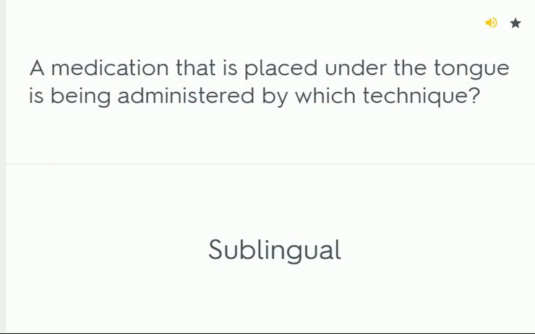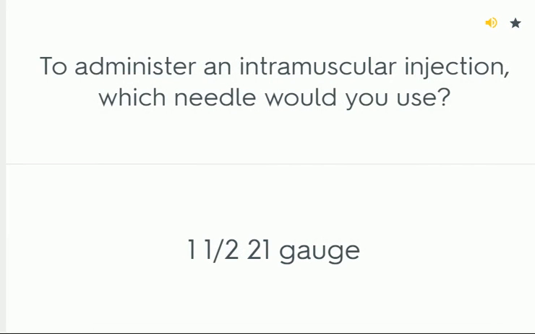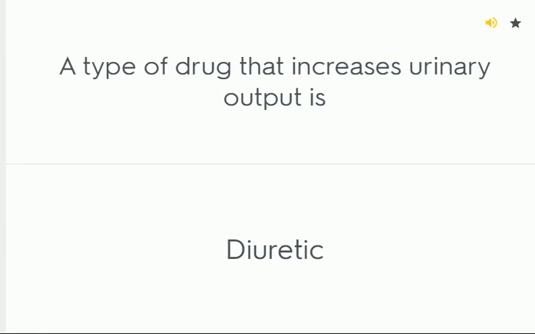A medication that is placed under the tongue is being administered by which technique? Sublingual. To administer an intramuscular injection, which needle would you use? 1 1/2 inch, 21 gauge. A type of drug that increases urinary output is diuretic.